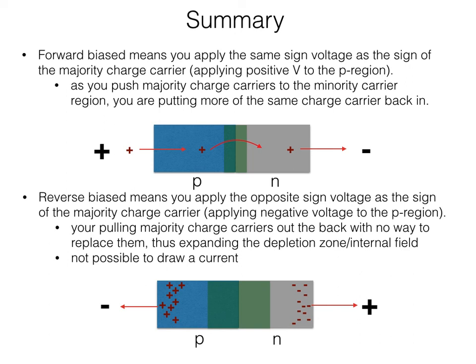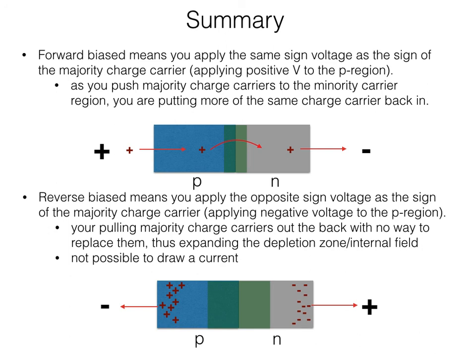Okay, and you could think of it the other way too, that you're pushing negative charges the other way. But the key point is every charge that leaves the P region is replaced so that you have a net neutral situation. And as long as the voltage is high enough to overcome the barrier created by the depletion zone, you're good to go and you get a current.